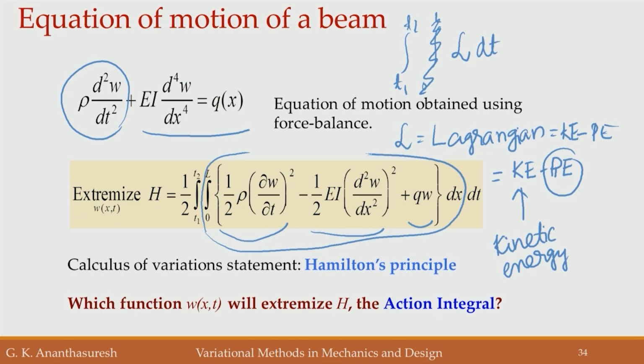What I have encircled now is your Lagrangian, and then this integral T1 to T2 of L dt is what is called the action integral, or what we call the Hamiltonian sometimes. If you extremize this action integral with respect to W(x,t), then you get the equation of dynamic equilibrium, or what we call Newton's second law.